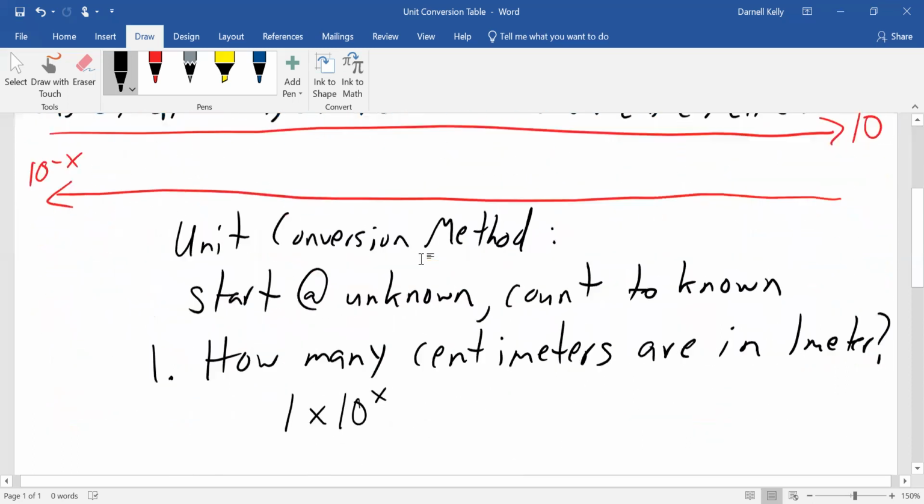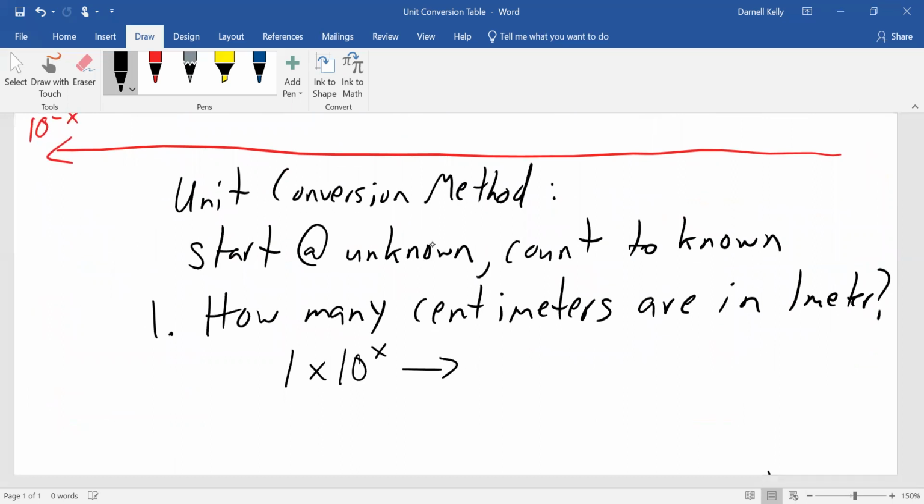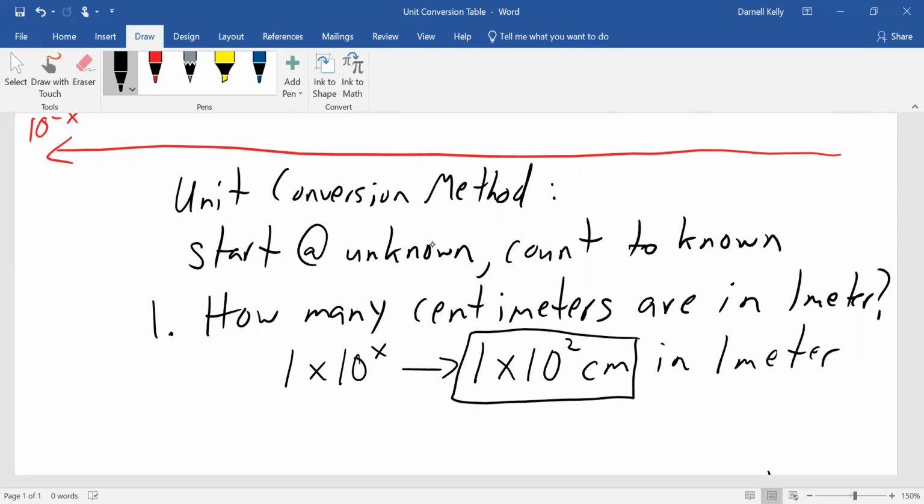So that means there are 1 times 10 to the second centimeters in 1 meter. So we answered the question. We've gone from the unknown centimeters to the known 1 meter. And our answer would be 1 times 10 to the second, or simply 100. Since we know 10 to the second is 100, 10 to the third, 1,000, and so on.